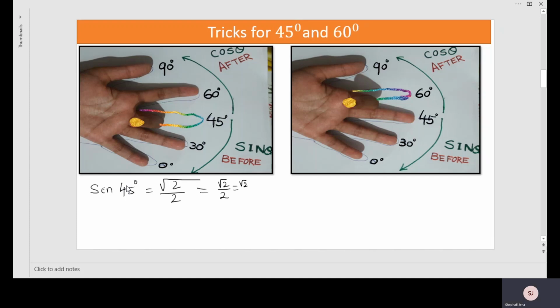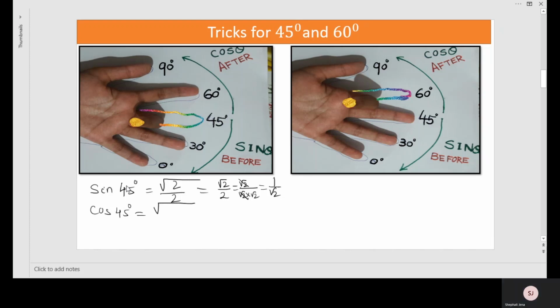So √2 divided by 2, where 2 is the square of √2. So you can write √2 into √2, so one √2 got cancelled. It became 1 divided by √2. Similarly, cos 45 is square root of the number of fingers after.